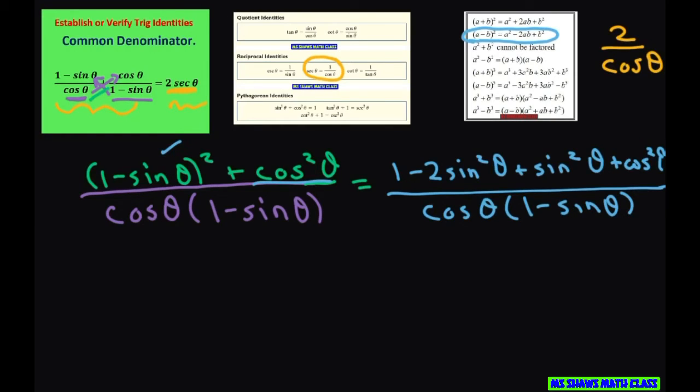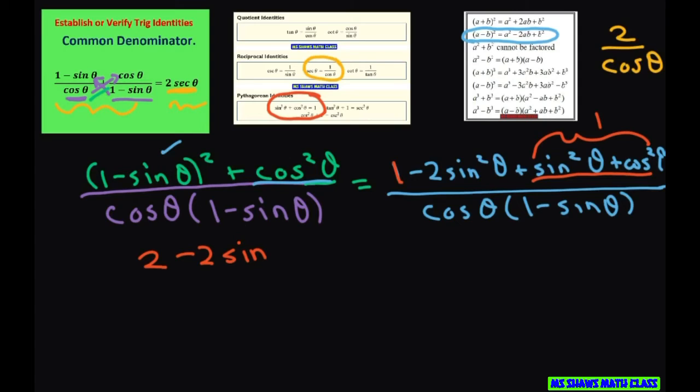All right. Now we know with our Pythagorean identities, this one right here, sine squared theta plus cosine squared of theta equals 1. So now we have 1 plus 1 equals 2. So now we have 2 minus 2 sine of theta.